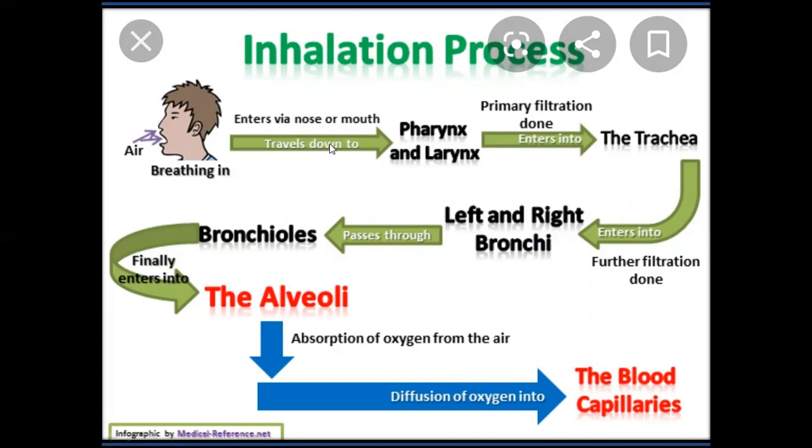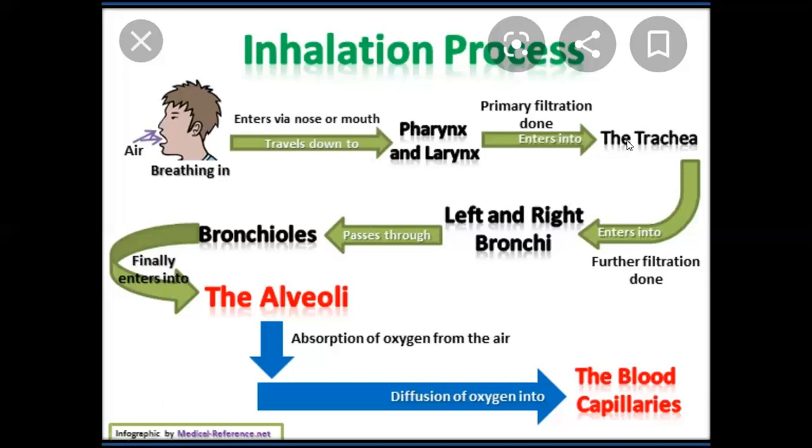Then it travels down to the pharynx and larynx. Before entering the trachea, there is primary filtration. As I told you, the air is filtered by the nose as well as by the pharynx and larynx, and then it enters the trachea.